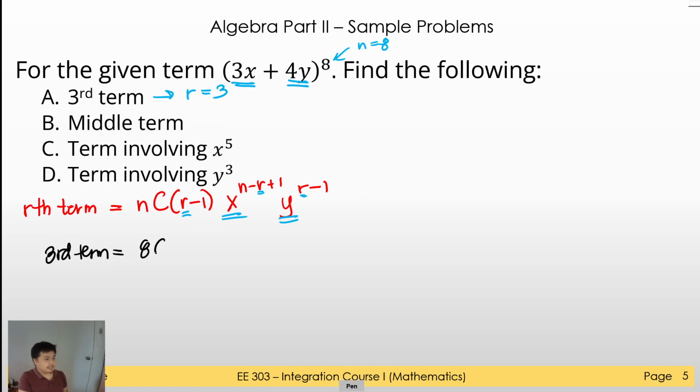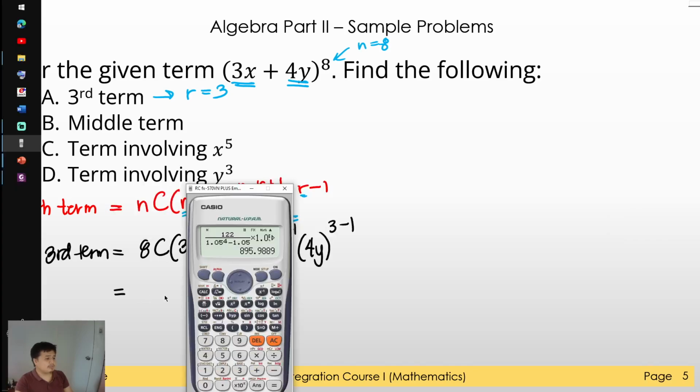Okay, so 8 C, and then r minus 1, we have 3 minus 1. We have x, so x here is 3x. So we have 3x raised to n minus r plus 1, so 8 minus 3 plus 1. And then y, we have 4y, raised to r minus 1, so we have 3 minus 1. So simplify this using our calculator.